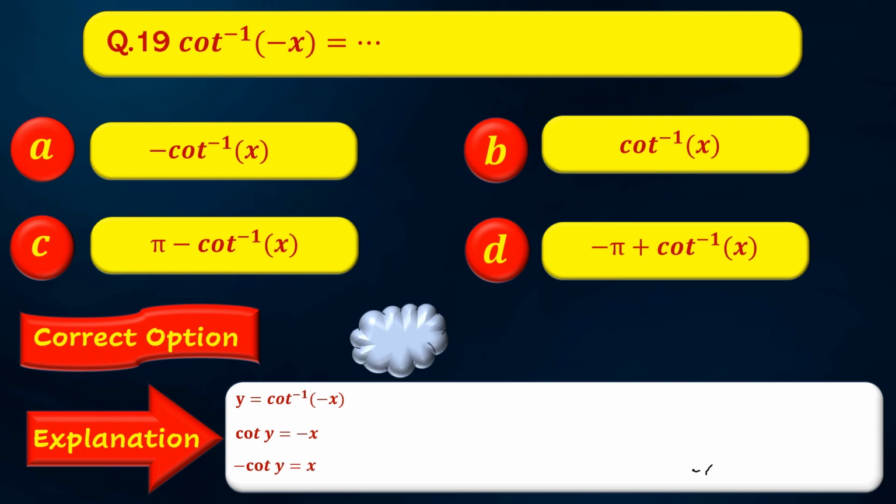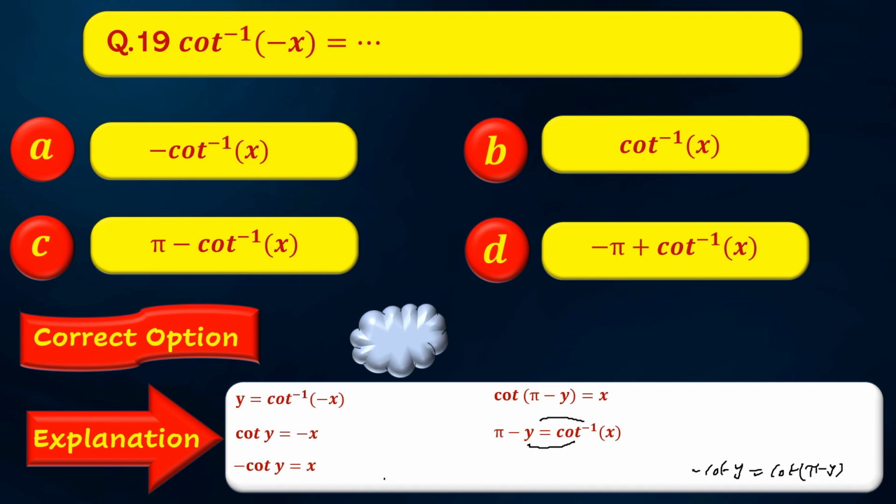We know that minus cotangent y is equal to cotangent of pi minus y. So we can write cotangent pi minus y is equal to x, and it gives pi minus y is equal to cotangent inverse x.